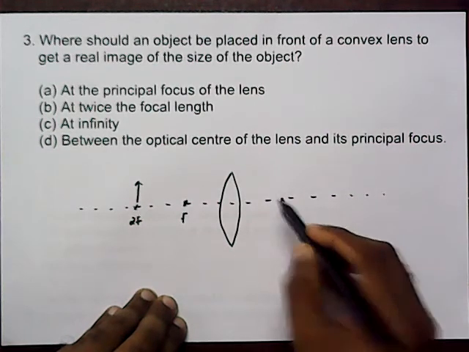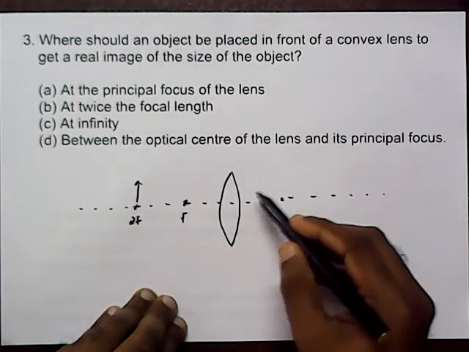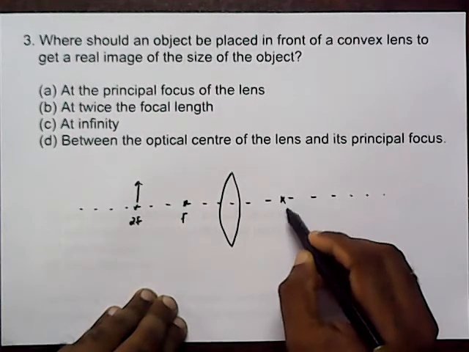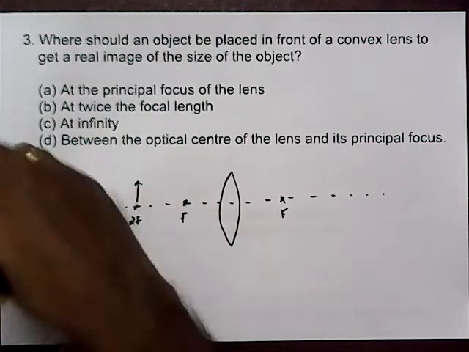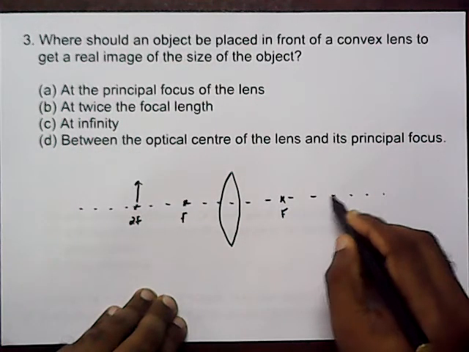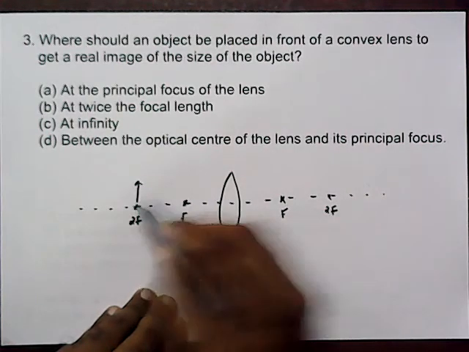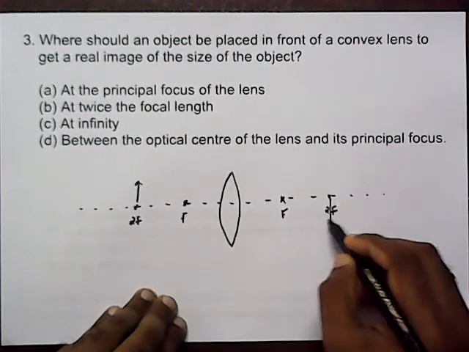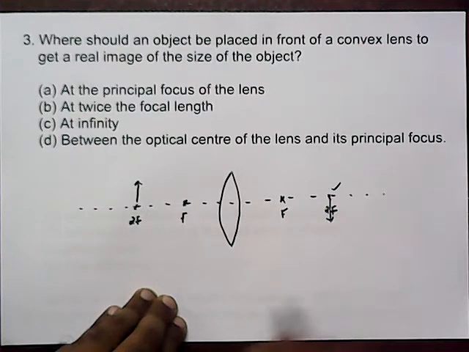keep in mind, when the object is at infinity, you get the image at f on the other side. And when coming closer, the object location is moving. And when you place the object at 2f, the real image is formed on the other side at 2f. That is very important.